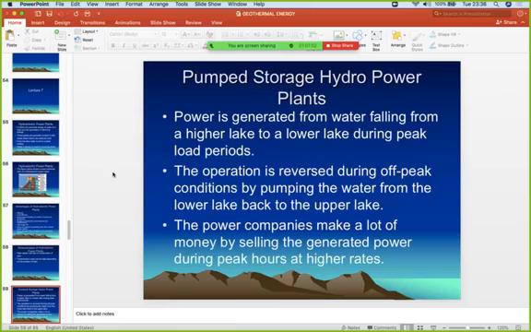When you run out of water, you have to reverse the water back to your dam. The power companies make a lot of money by selling the generated power during peak hours at a high rate.